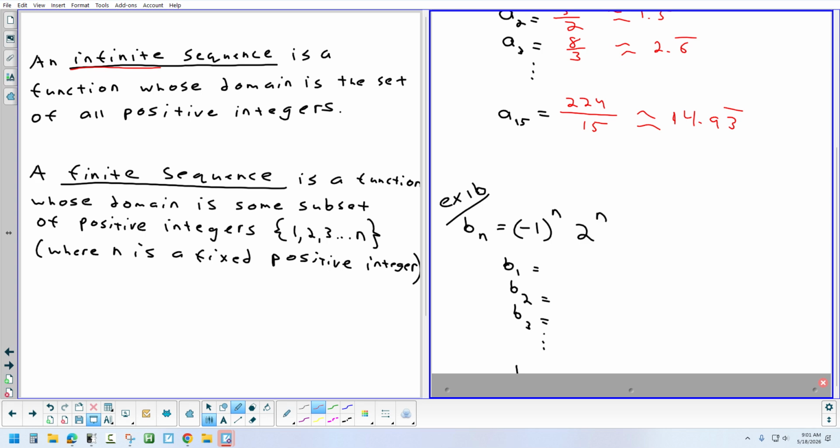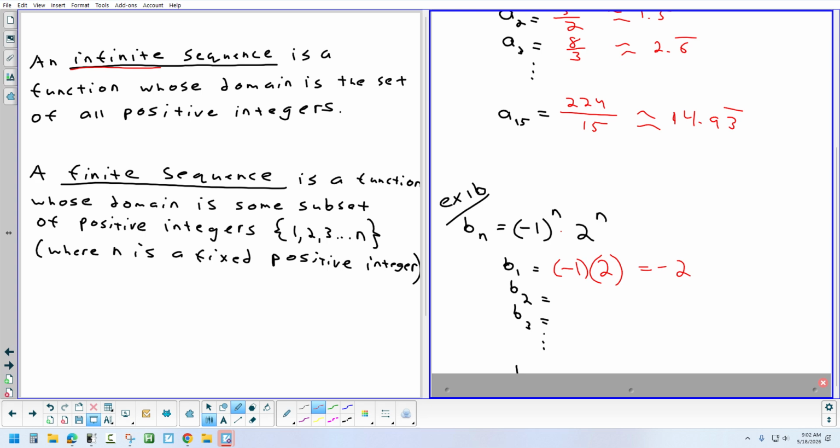Okay. So we do the first term, negative 1 to an odd power. It's going to give us a negative. And then the second factor is going to cause it to double. So it's going to double and change sign each term. So negative 1 to the n. Negative 1 to the first is negative 1, 2 to the first is 2, then that one's going to be negative 2.